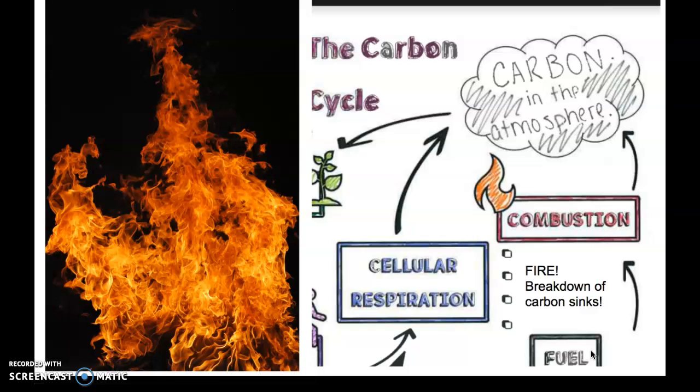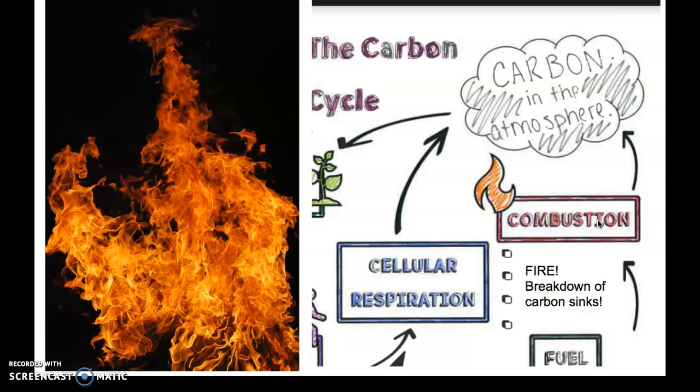Now, again, the carbon cycle is natural. This all would happen naturally whether humans were here or not. But the problem is that we are using this fuel and the combustion at an unsustainable rate. So we're using too much of it too fast. And we're actually offsetting the balance. The earth and the environment is all about balance, so a give and a take.